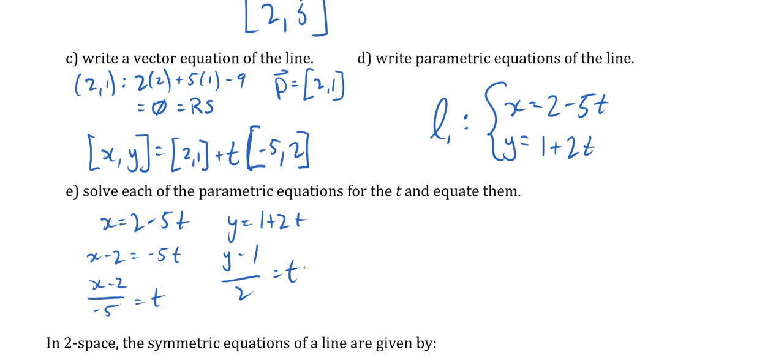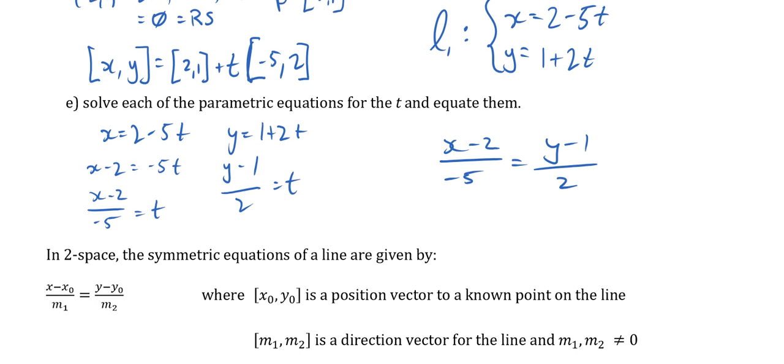Y minus 1 over 2. So now I've got two equations for t. If they're both equal to t, I can set them equal to each other. And this is called the symmetric equations of a line.